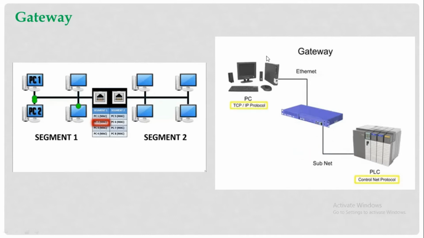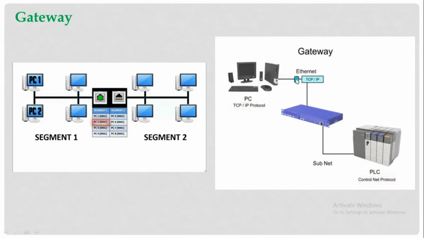But here let's assume an example that a PC is connected with a TCP/IP protocol and a PLC is connected with a ControlNet protocol. If I have to transmit the information from this personal computer to this programmable logic controller, we can use a gateway in between.